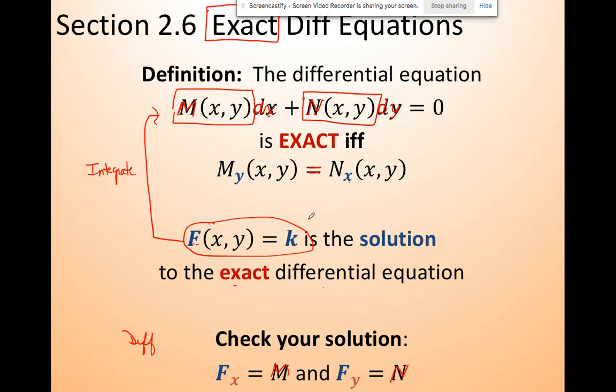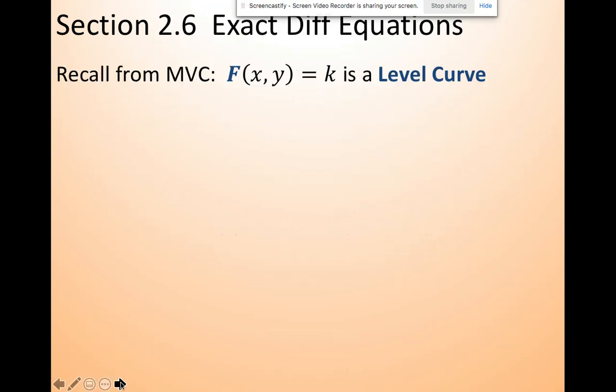So again, let's talk about what this looks like. Some function with the domain in the xy plane is equal to a constant. Do you remember what we called that? A level curve. Here's an example of a level curve from multivariable. I told you that maybe we had this function that gave us this conical shape.